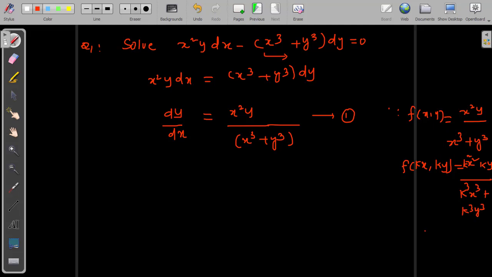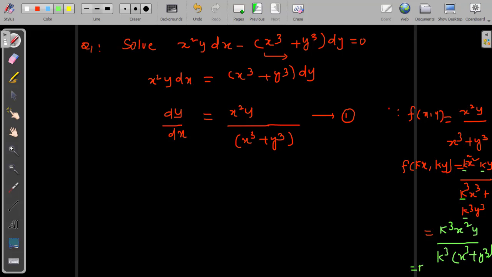After that let us take from the numerator: k square times k is k power 3, times x square y together, divided by the denominator, where k cube is a common term. Let us take k cube outside, left with x cube plus y cube. So k power 3 and k power 3 cancel out.